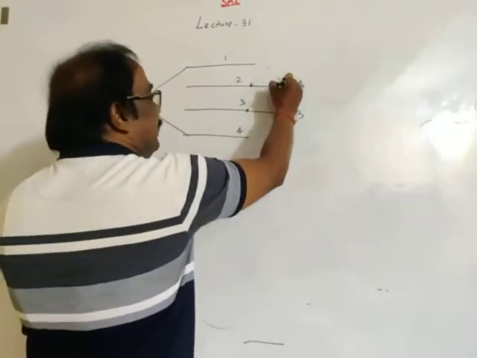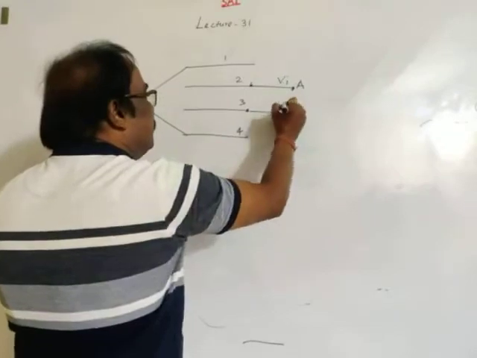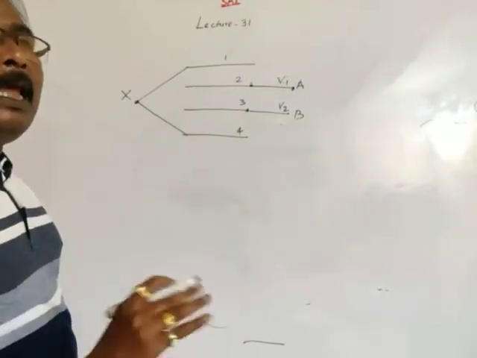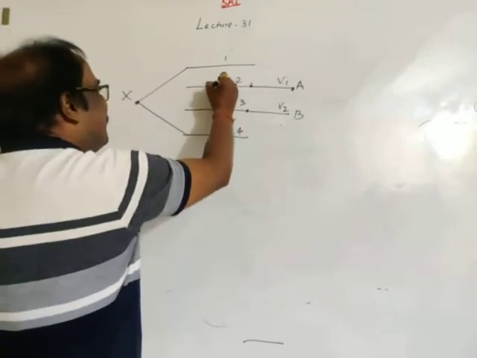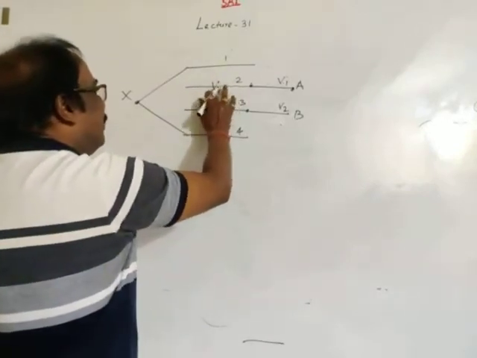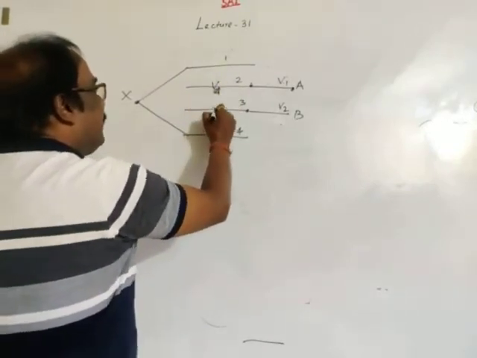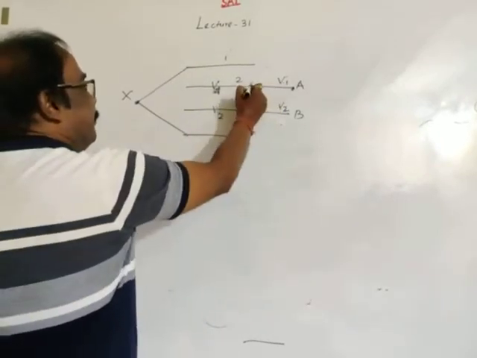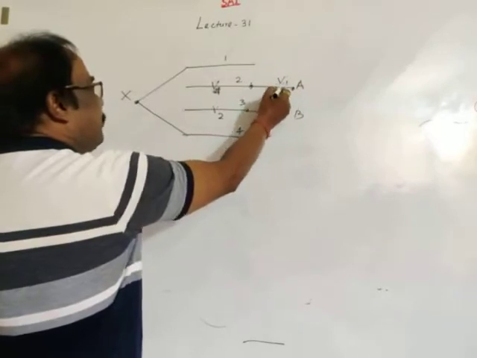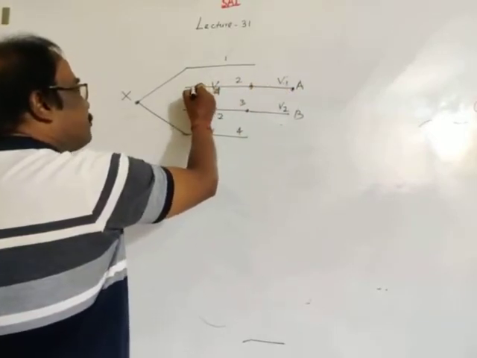Let's assume A is at potential V1, B is at potential V2. Obviously, potential of plate 2 is V1, potential of plate 3 is V2. Okay, see, if we consider A is at high potential, then plate 2 becomes charged.